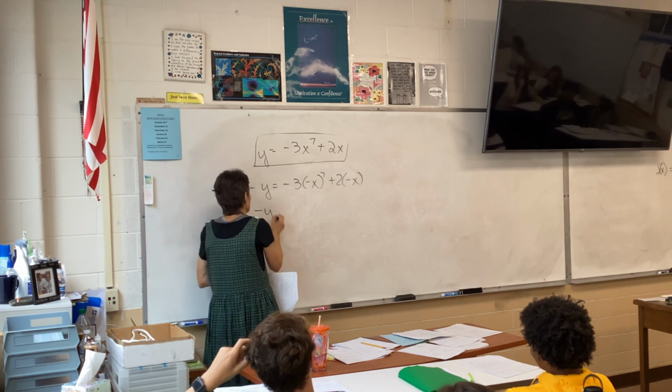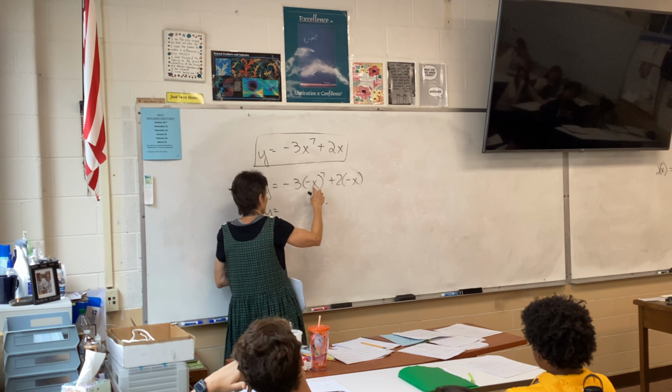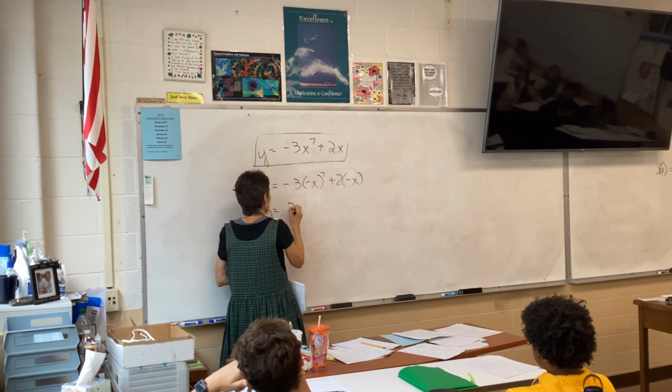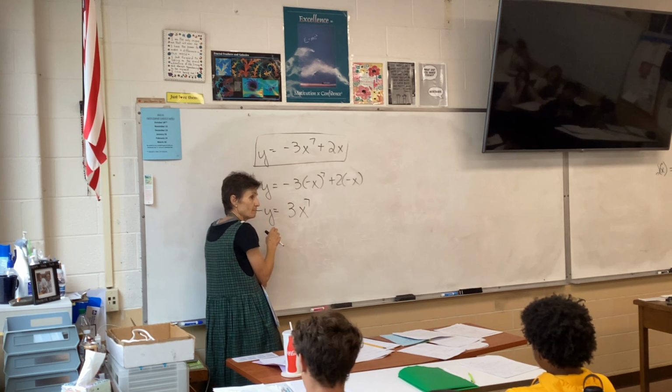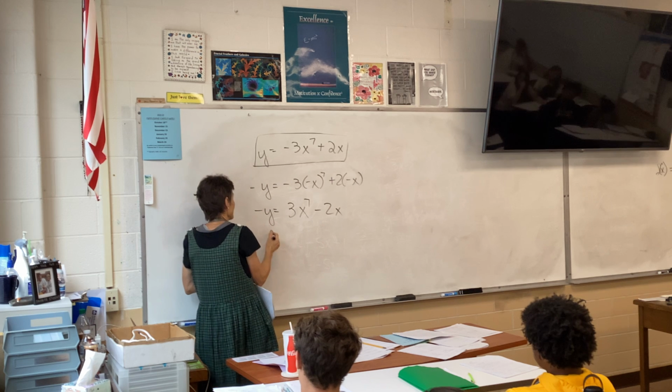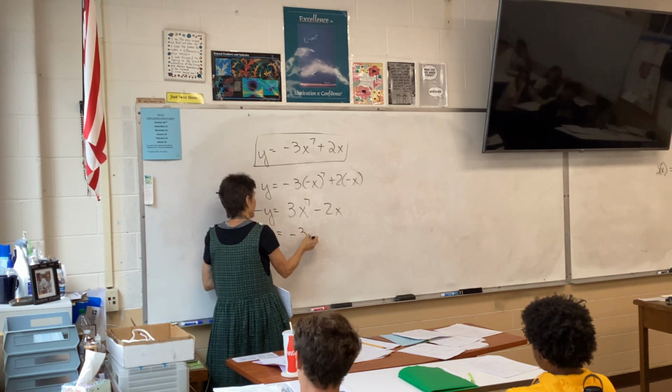Okay. So what happens here? Well, negative to the 7th is going to be negative. Negative times the negative, so it's going to be positive 3x to the 7th minus 2x. Dividing by the negative to get y by itself so that I can compare it to the original.